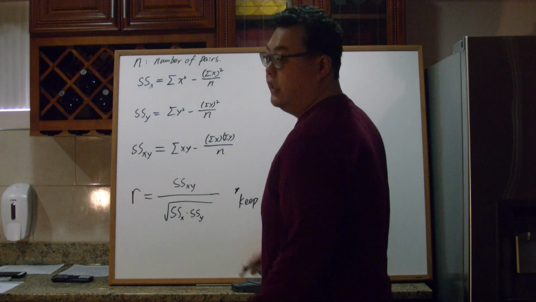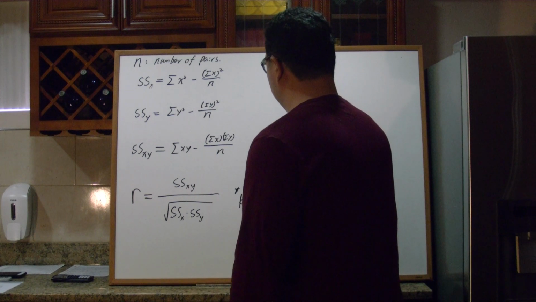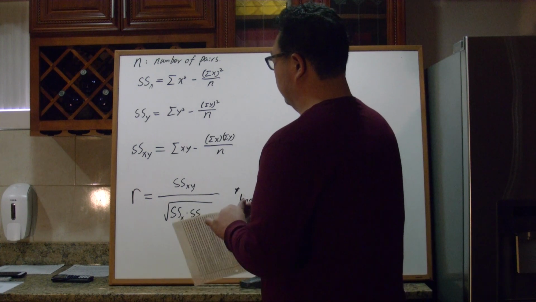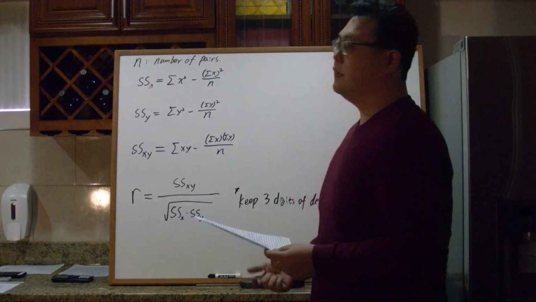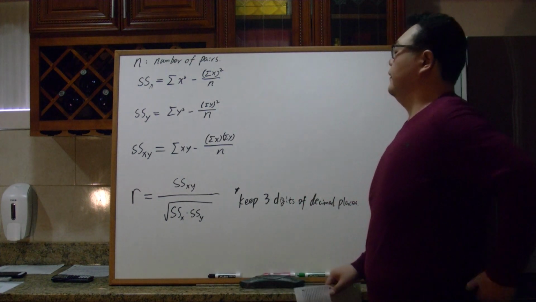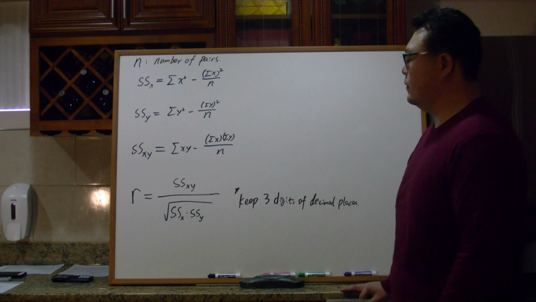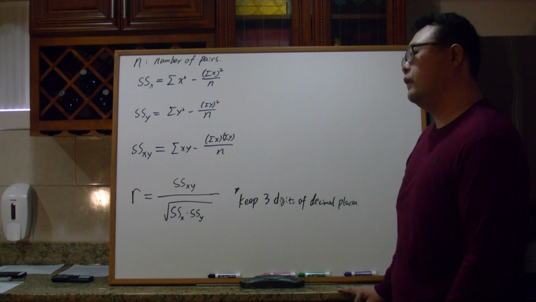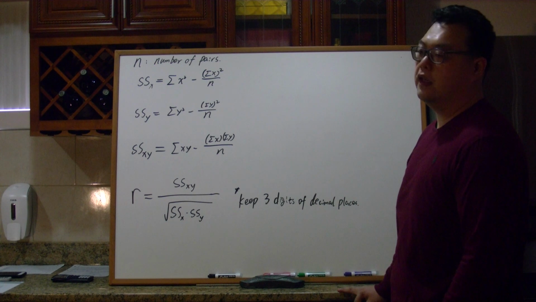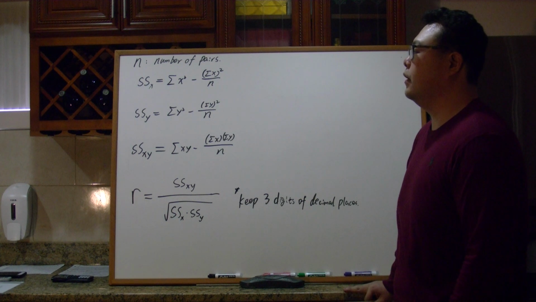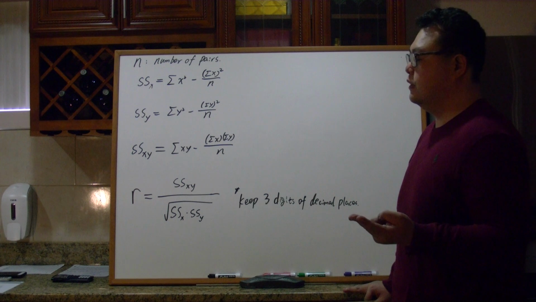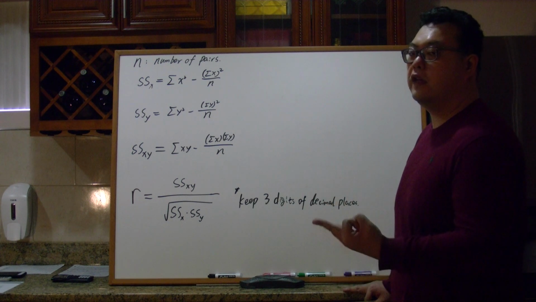That if 4 or less, cancel anything afterwards, and 5 or more, we round up to the next, to keep 2 digits of decimal, round to the nearest hundredth. Here for the r, we also have a special request that the value be kept to 3 digits of decimals. Before, where we didn't specify, you could keep as many decimal places as you want. Of course, more digits is more accurate. But for the z-score, 2 digits we need to keep. For the r here, 3 digits of decimal.